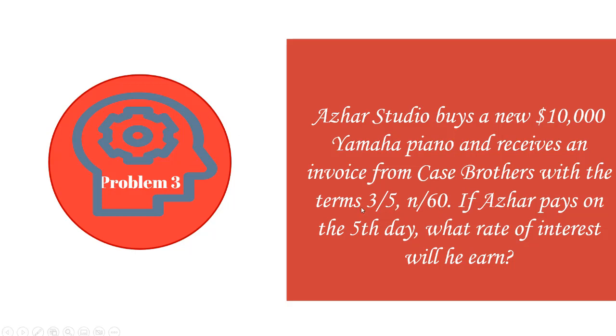We can explain the terms here. The total time equals 60 days, when the money is due. He can get 3% as a discount if he pays within the first 5 days. Note that he pays the money on the 5th day.